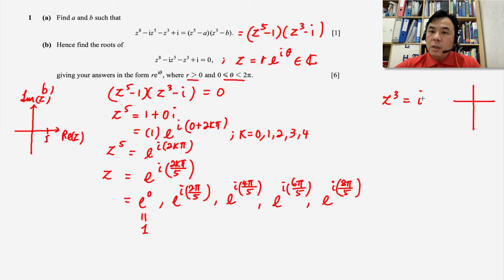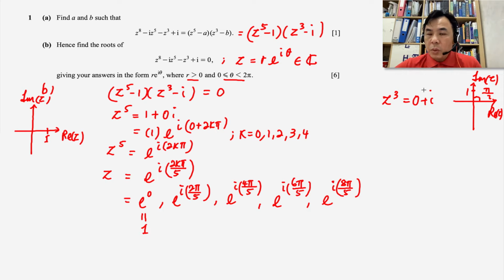You can see that this i here is basically 0 plus i. Now 0 plus i refers to here, 1 unit long. This is imaginary, and this part here is real. That is 1 unit long, and the argument is measured from here. That must be π over 2, which is 90 degrees in this case.